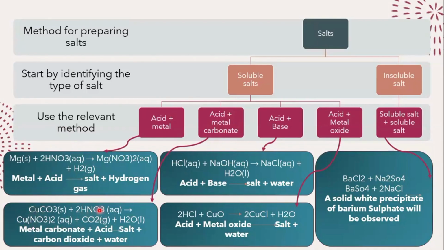And I will always get salt, carbon dioxide, and water. Again, you can learn this. If you take a metal carbonate and react it with an acid, and this is the same reaction we study for carboxylic acid as well, you get salt, carbon dioxide, and water. So if you take your copper carbonate and react it with nitric acid, we get copper nitrate, carbon dioxide gas, and water.